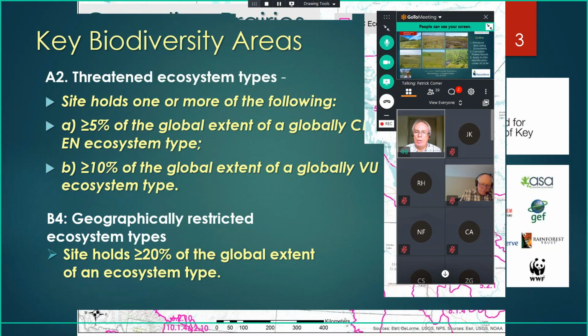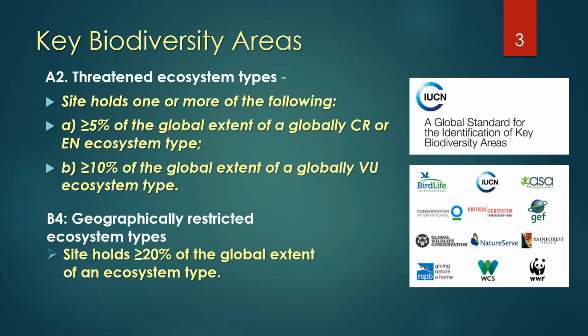I'll go into these in a bit more detail further on, but this is just an initial introduction to the ecosystem-focused criteria for KBAs. A2 really focuses on threatened ecosystem types. If an ecosystem type has been red listed and scored as critically endangered or endangered, it would have to be a place, a landscape, that supports greater than 5% of the current global extent of that type.